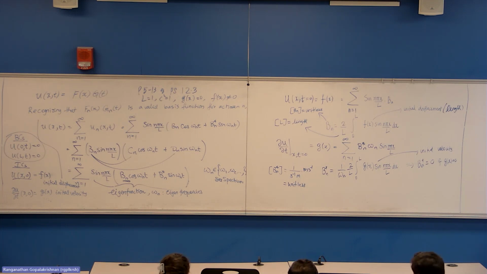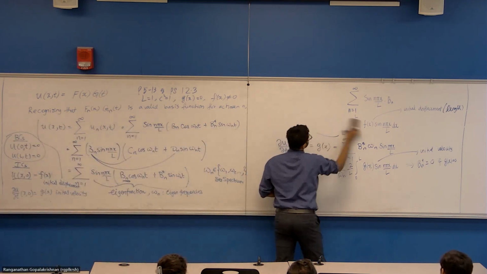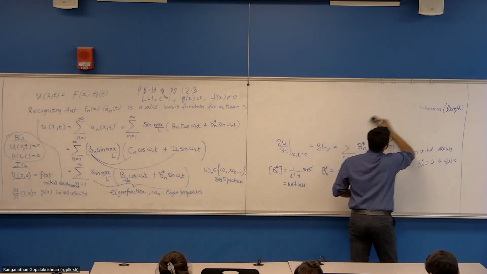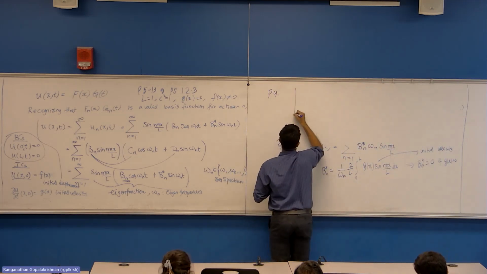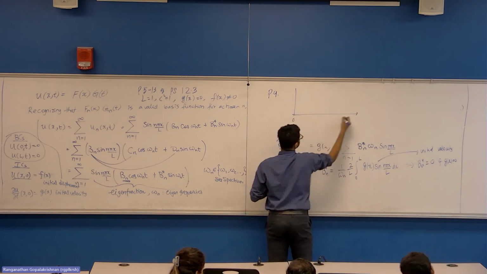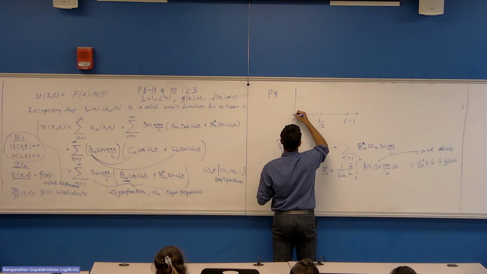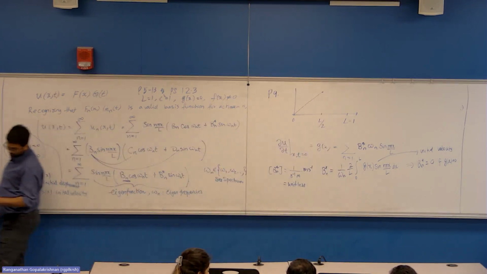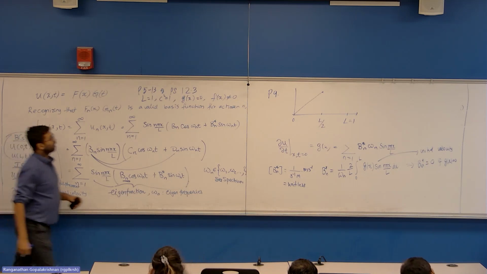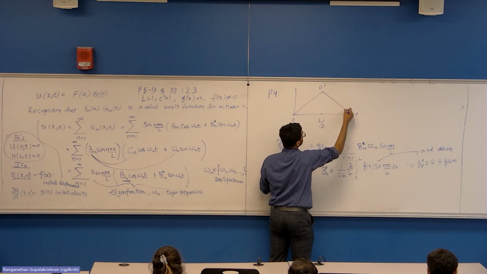If you look at problem 9, which we will try now, it talks about a waveform from 0 to L equals 1, and here is L divided by 2. It talks about a triangle which goes up to 0.1 and then comes back to 0.